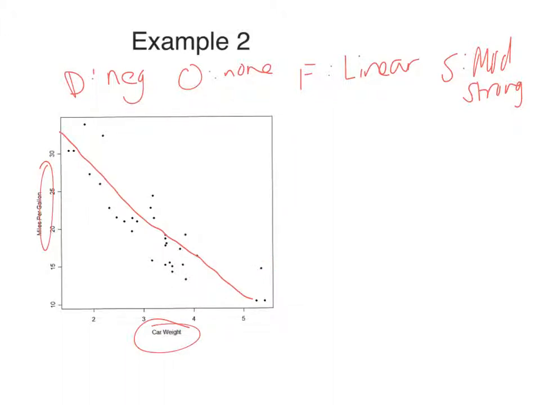So anyway, let's go ahead and write our sentences here. Again, you want to make sure you include all four of these things and context. So I need to say something about car weight and miles per gallon. So here we go.